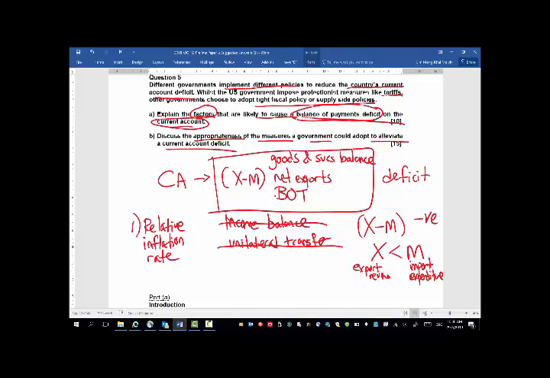We are comparing domestic inflation rate to overseas inflation rate, to inflation rate in other countries.